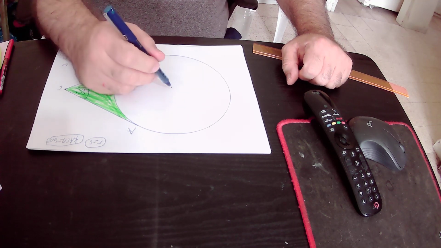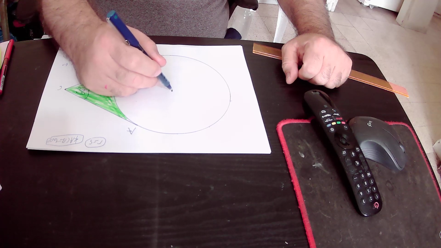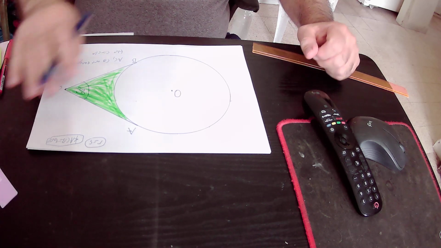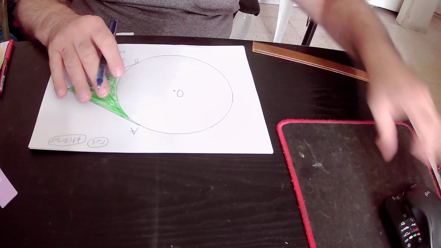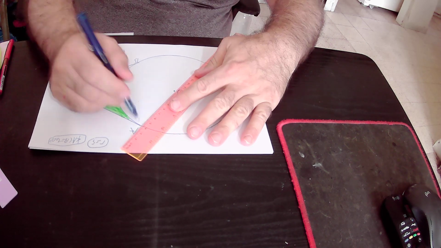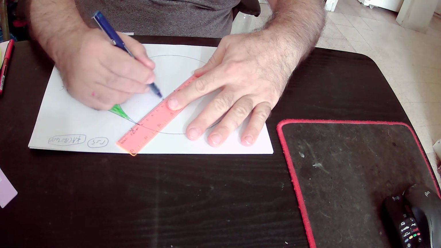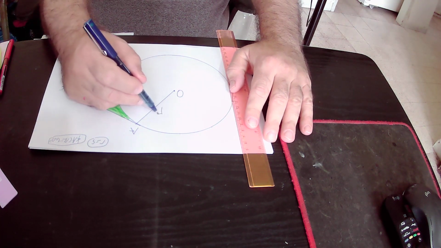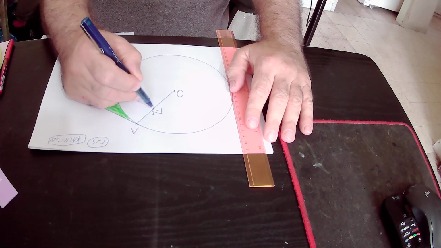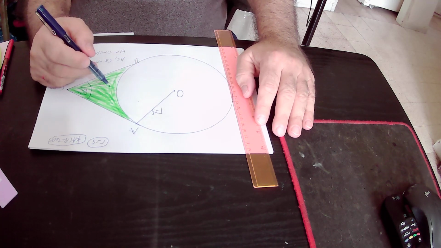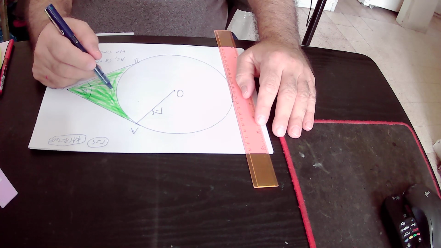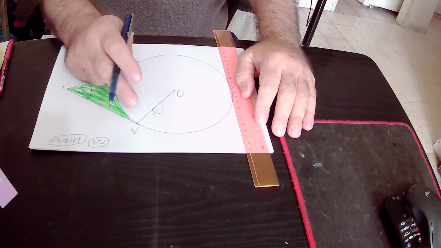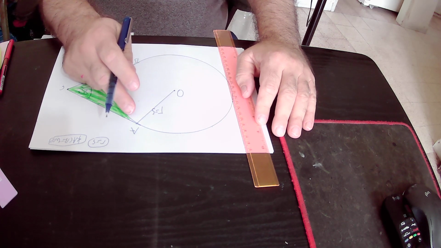We will define the center of this circle as point O. Then we will join together points A and O by a straight line. Actually, OA is the radius of this circle that equals 5 units, because line segment OA starts from the center of the circle and ends at point A, that is a point on the circle itself.